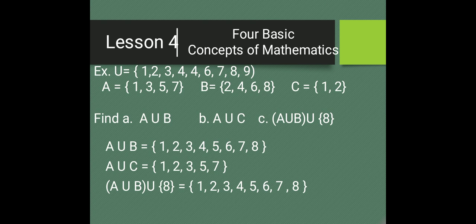Tapos, pag i-union natin yan kay set B, paulit-ulit na si 8, dalawa, so isang beses lang isulat. So, the union of A and B, union B, is just equal to the set of 1, 2, 3, 4, 5, 6, 7, and 8. Okay? So much for the union.